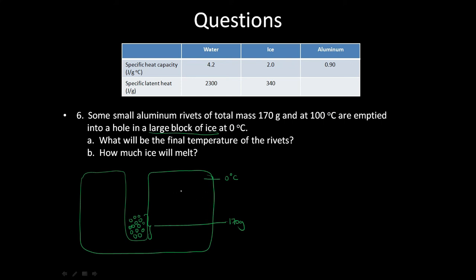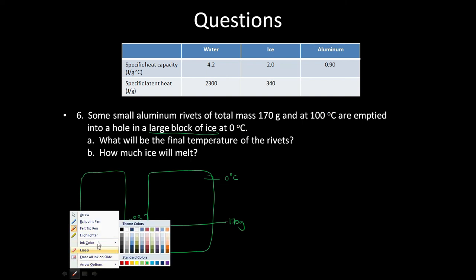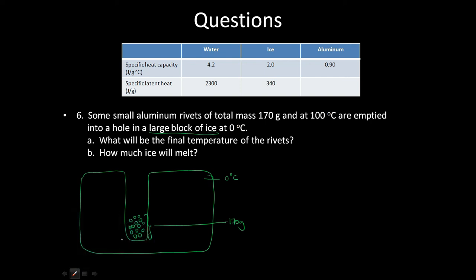Because of the large mass that the ice has, it's not going to be affected. It's not going to melt all the way down. All the heat from the rivets is going to enter into the block of ice, causing the ice to melt somewhat, but it's still going to stay at 0 degrees Celsius. It's not going to affect the change in temperature.